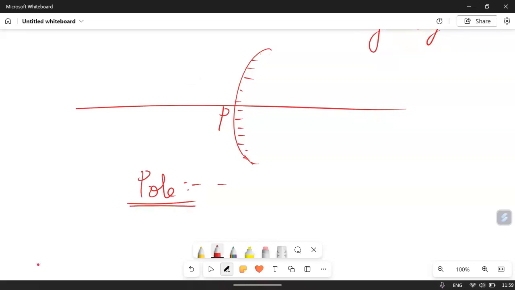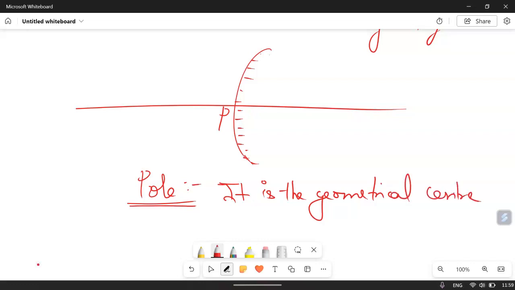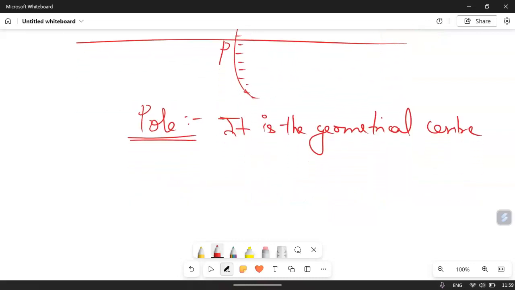Pole is the geometrical center of the reflecting surface. इस reflecting surface का geometrical center होता है आपका pole.